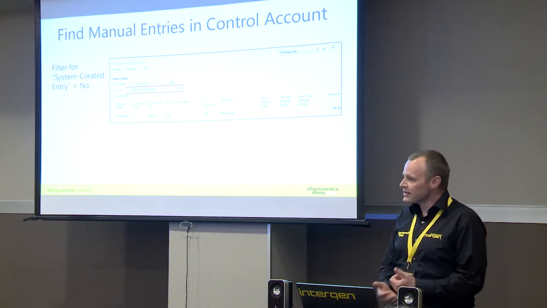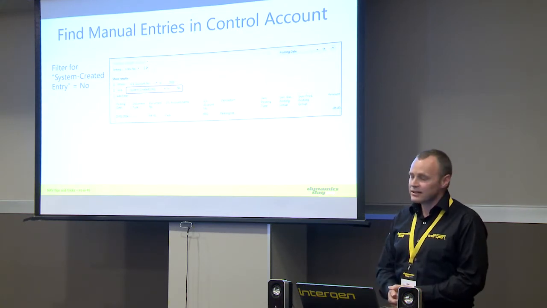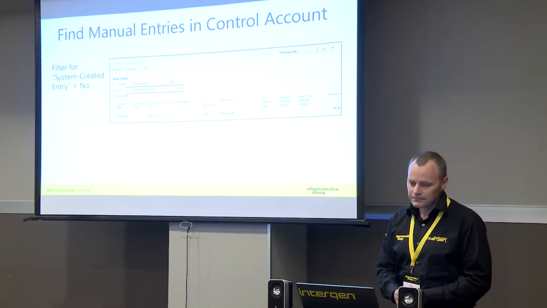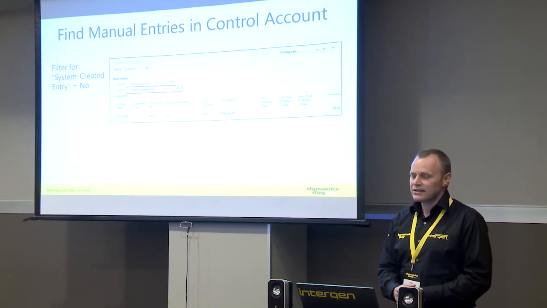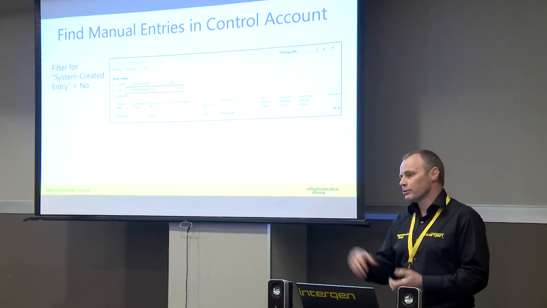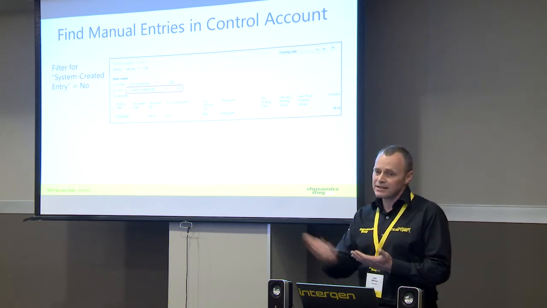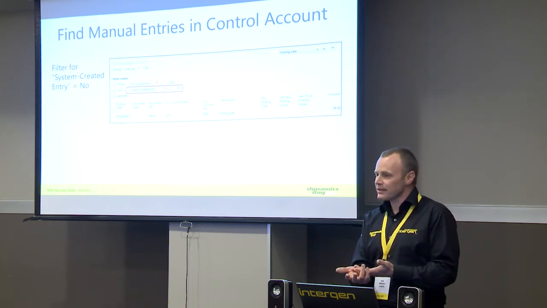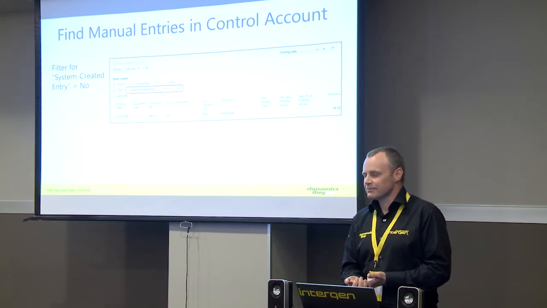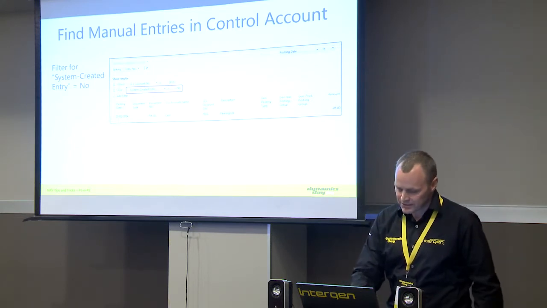All you have to do to find those entries is, in the filter in the GL entries for the account that you're looking at, set system created entry equals no. Whenever the system creates a GL entry to a control account, this field is set to yes. A manual one will be set to no.